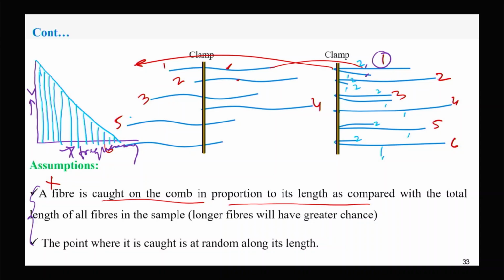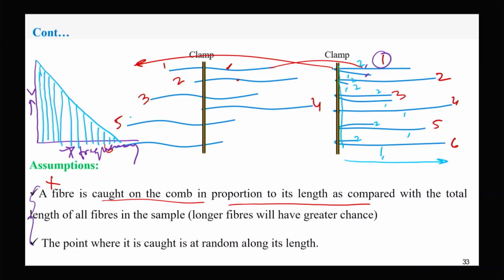What is this? When we are scanning it, a large number of fibers will be here, then gradually the density will reduce.